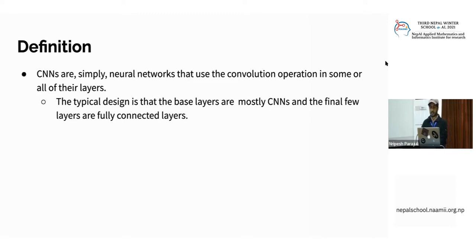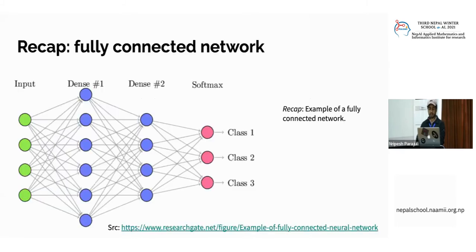The reason for that will get clear as we move on. So very simply, if any of the fully connected layers of a network are replaced by convolutional connections, then it's a CNN, all right, and not the news channel. I'll repeat myself.